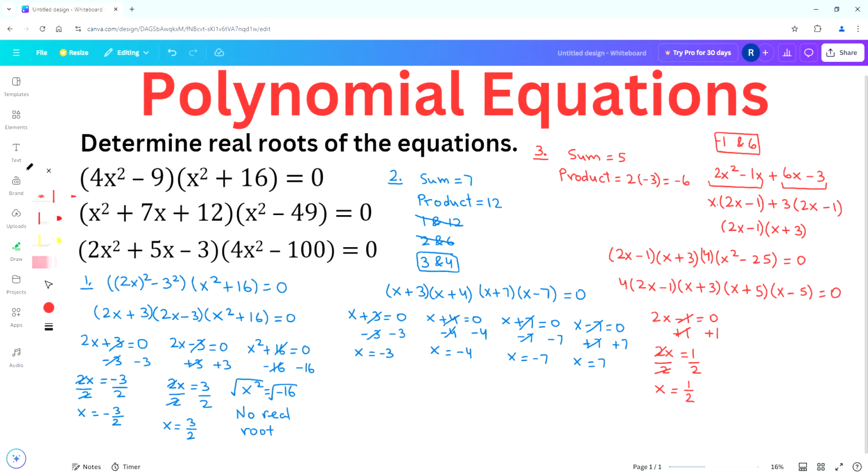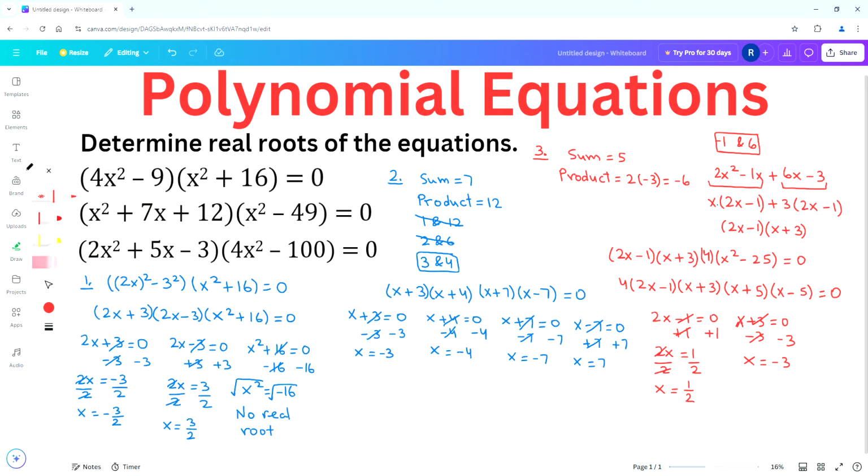Now we can analyze the second factor, x plus 3. The second real root is negative 3.